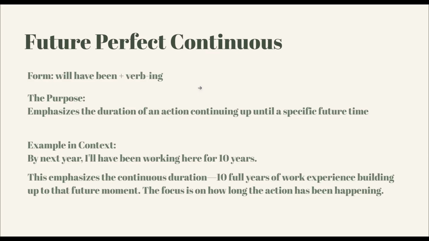And for it to be future, we say by next year, there's an action happening after an action. I have not been working here for 10 years yet, but by next year, I will have been working here for 10 years. It's like a full-on 10 years of work experience building.